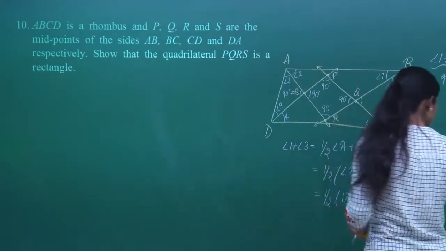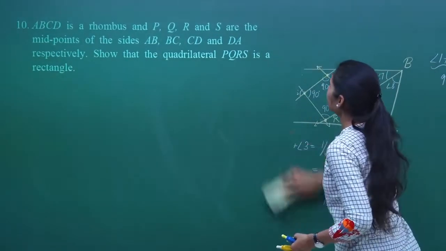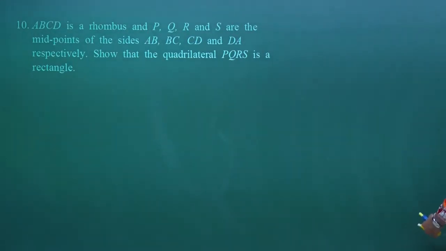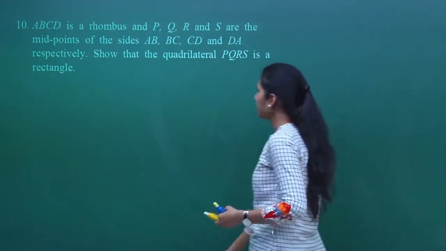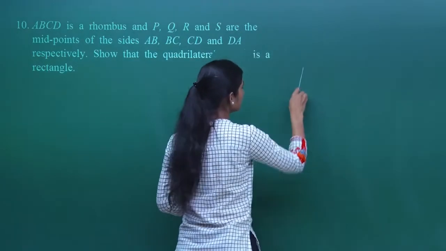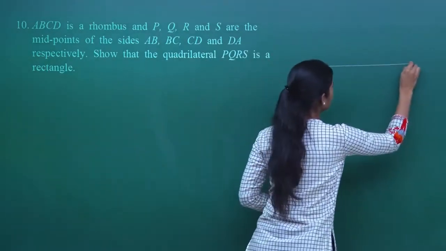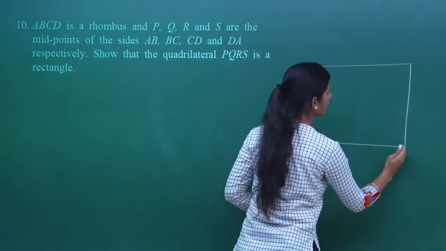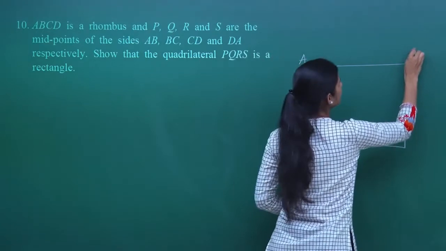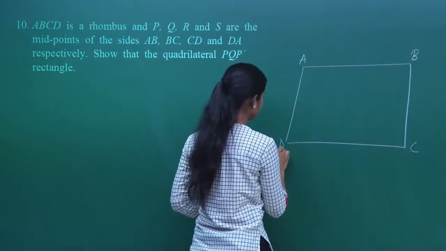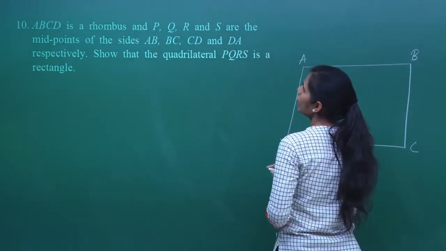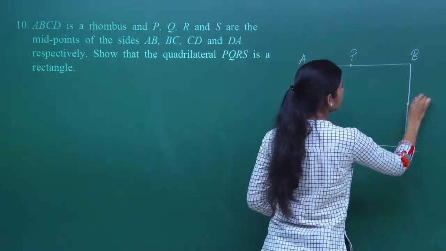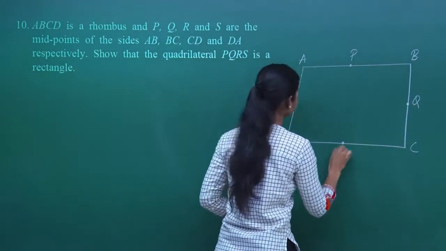I have ABCD is a rhombus and P, Q, R, S are midpoints of its sides. Let's talk about this question. I am already having ABCD is a rhombus. I have P, Q, R, S as midpoints of AB, BC, CD and AD.